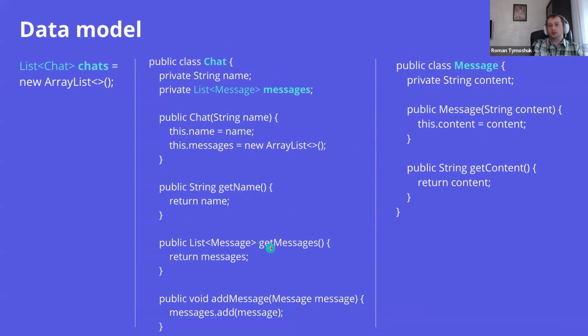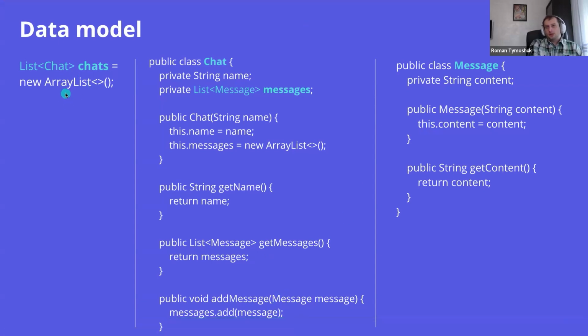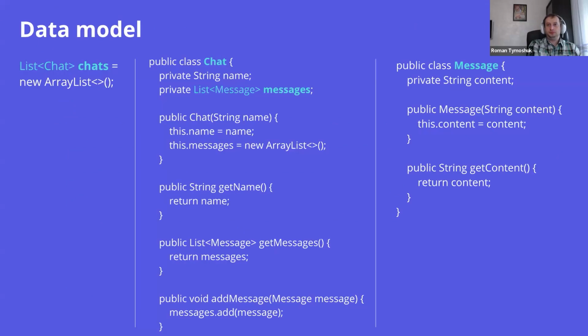It can provide a list of messages to the outer world, and we can also add a message into it. On the higher level, we have a list of chats, and we can associate it with the UI. So that's a simple data model of our application.